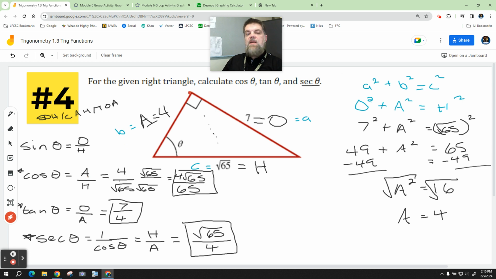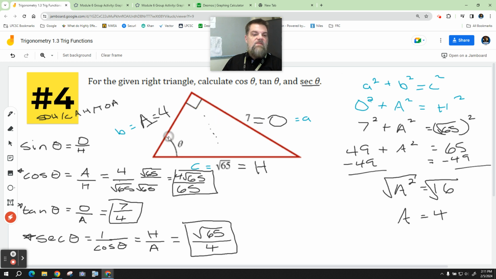In other words, when I measure, it doesn't matter what this angle is. This right triangle, if this side length is 4 inches, feet, it doesn't matter what it is, meters, miles. If it's 4 units, and this is 7 units, then this has to be the square root of 65, whatever the unit is, in order for it to be a right triangle.